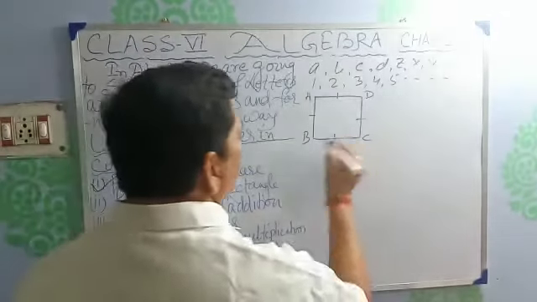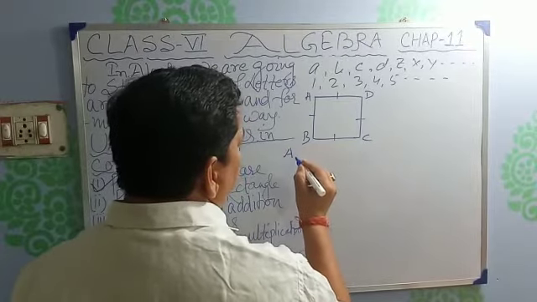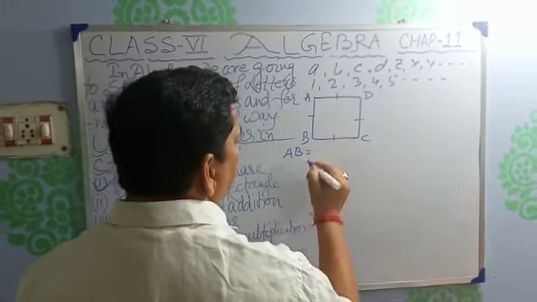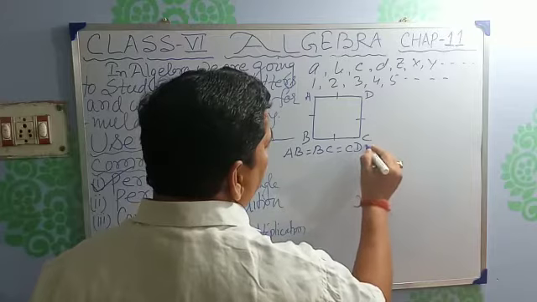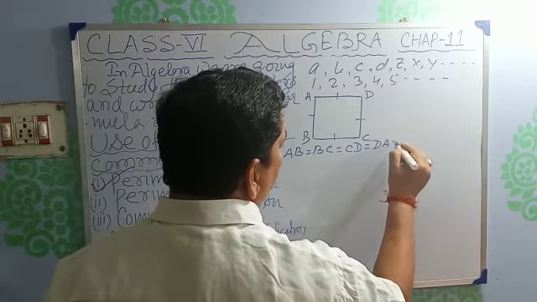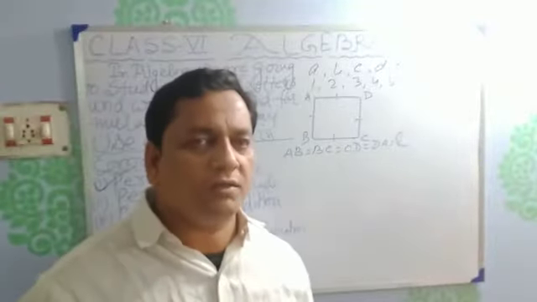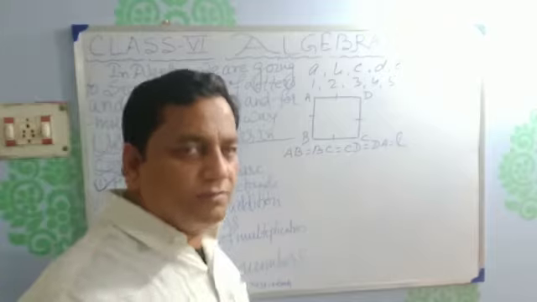So if we assume the length of one side equal to L, then AB equal to BC equal to CD equal to DA equal to L.